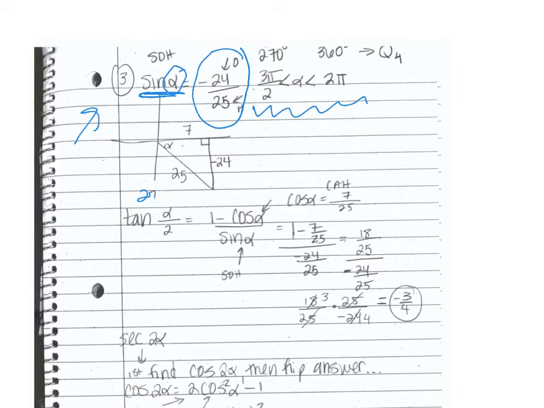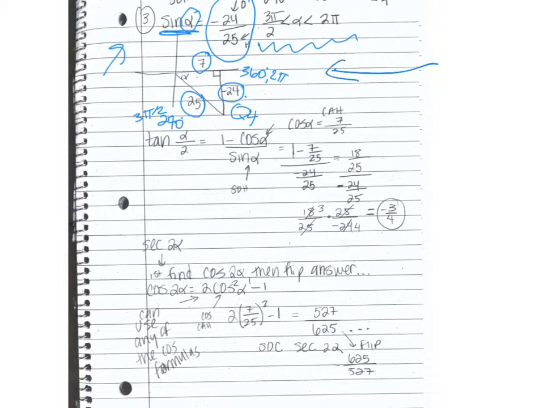Therefore, if this is 270 degrees, or 3 pi over 2, and this is 360, or 2 pi, the triangle has to be in quadrant 4. So when we draw it, we know to the right is positive, so we know it's positive 7. We know down is negative, so we know the negative is with the opposite side. And we know the hypotenuse is positive, and it's 25. We can find all sides using the Pythagorean theorem.